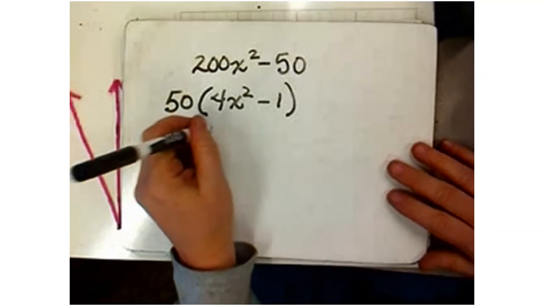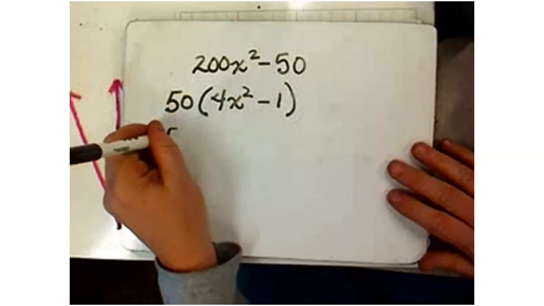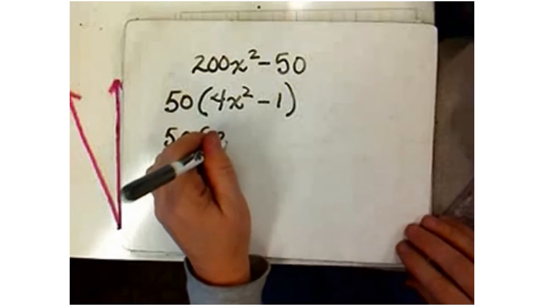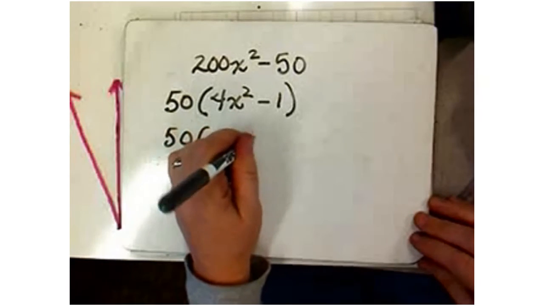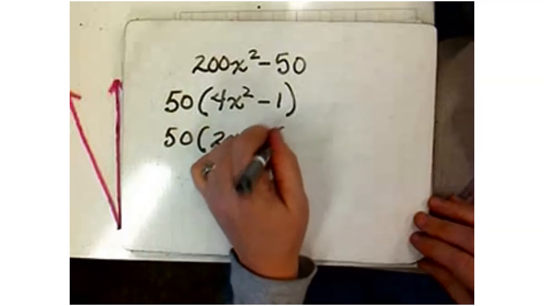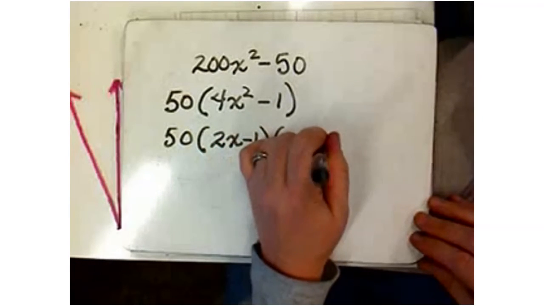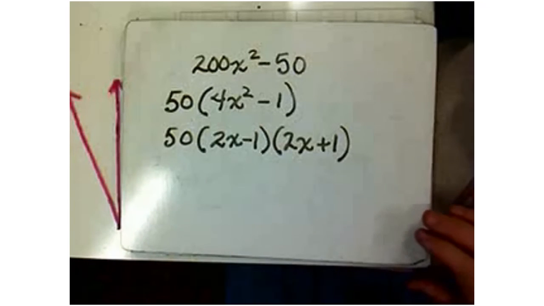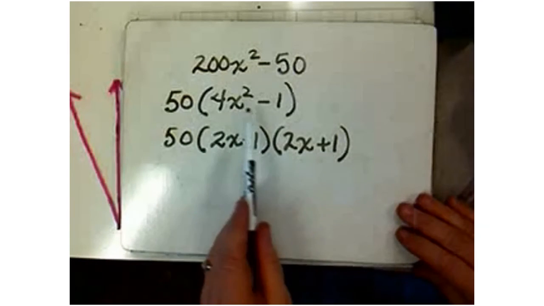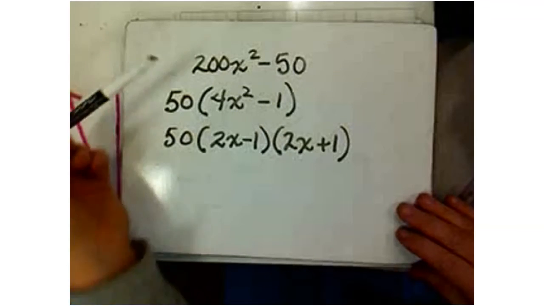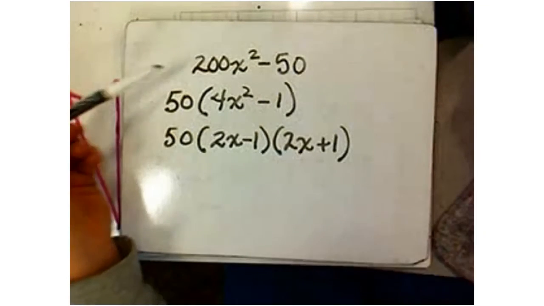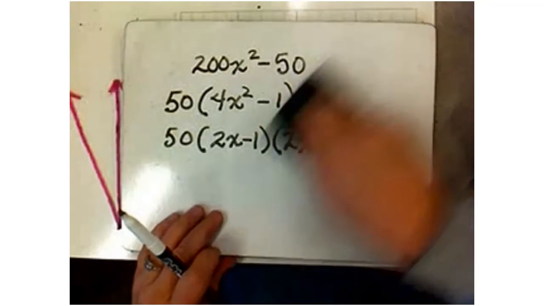So we're going to use that tool, and we're going to know we have 50 open paren 2x minus 1, close paren, open paren, 2x plus 1, close paren. We checked it with our FOIL. We would get back to the 4x squared minus 1 and then times it by 50, and we would get back to 200x squared minus 50. So this is using a GCF and one of our special factoring tools.